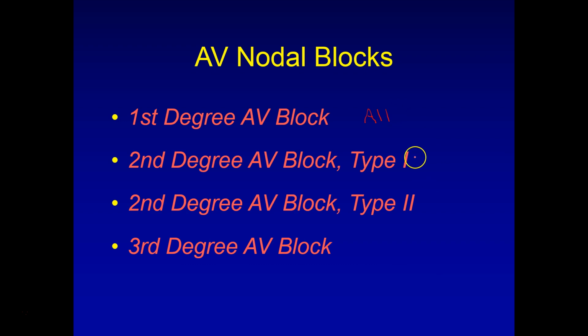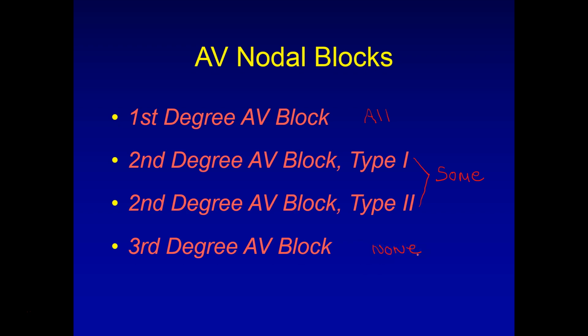When we start talking about the second degree AV blocks, categorize them together. The impulse will reach the ventricle only some of the time. And in third degree heart blocks, the signal is never going to reach the ventricle from the original conduction pathway. So the signal will get to the ventricle none of the time.